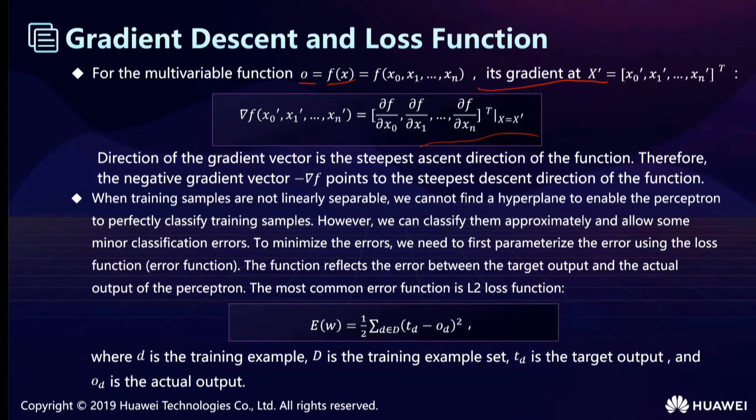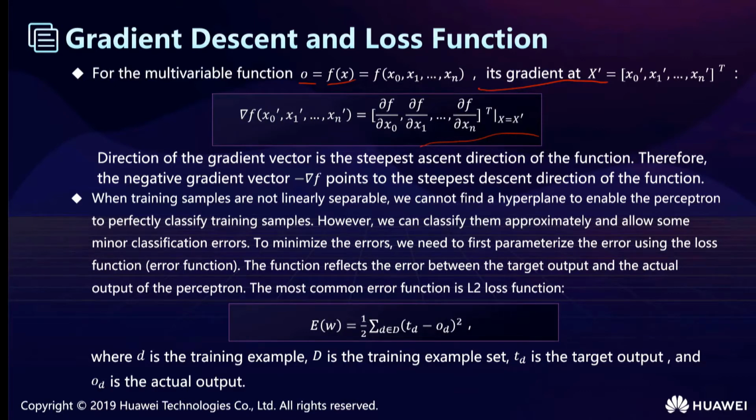We see that once the training samples are given, their inputs and target output values are constants, and the actual output changes with the weight. So the independent variable of the error function is W, and the coefficient 1/2 may be difficult to understand.